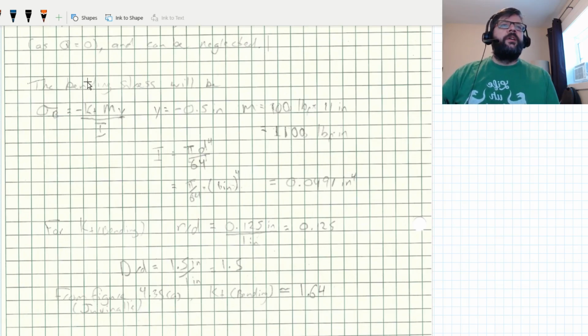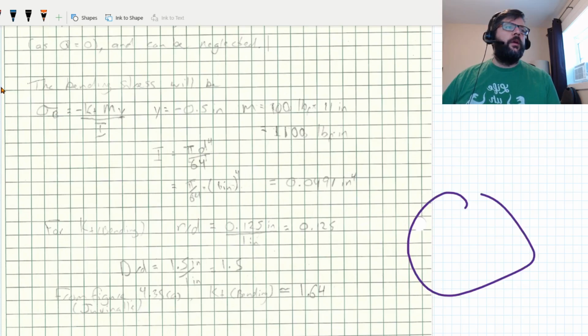So the values we're using here. The y, again, we're using a negative value, negative 0.5 inches, because we're looking at the tensile stress occurring at the bottom of the cross section. So I'm just going to sketch the cross section here.